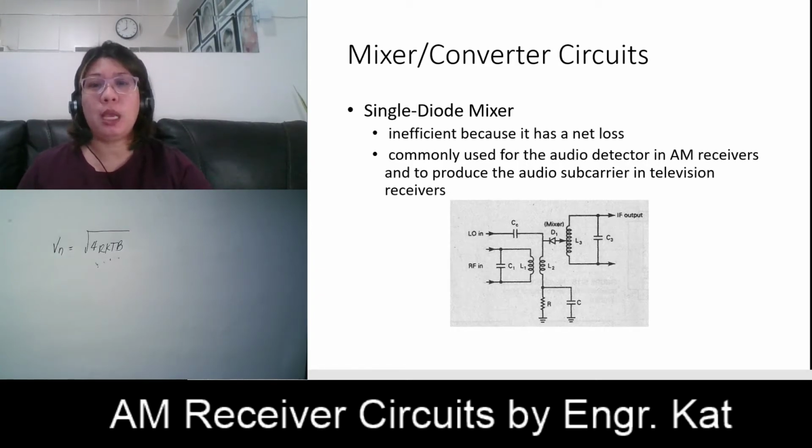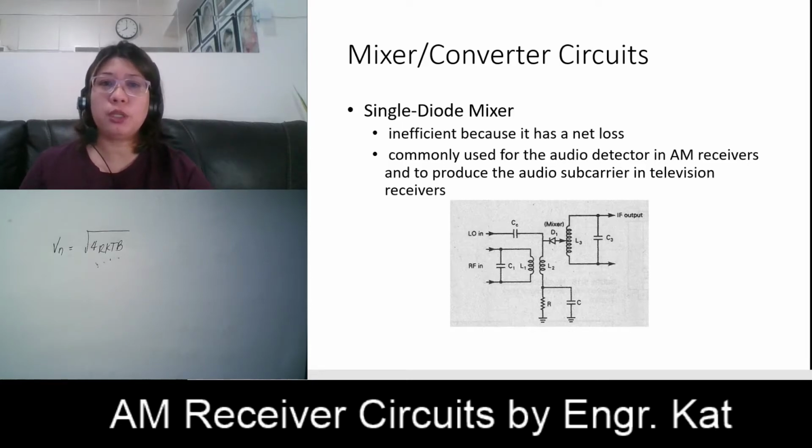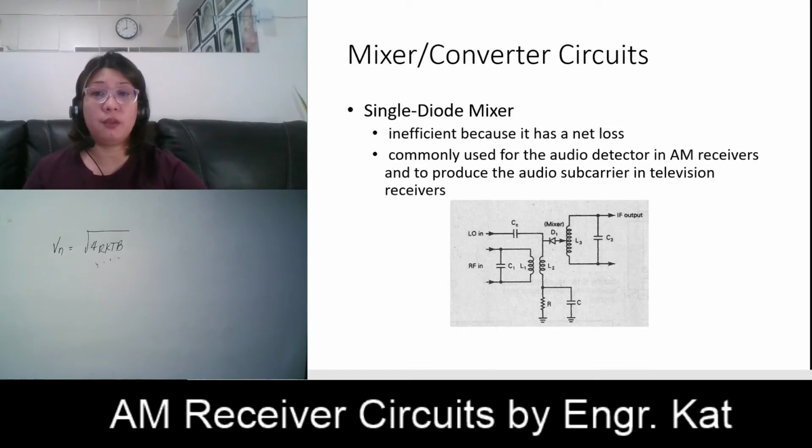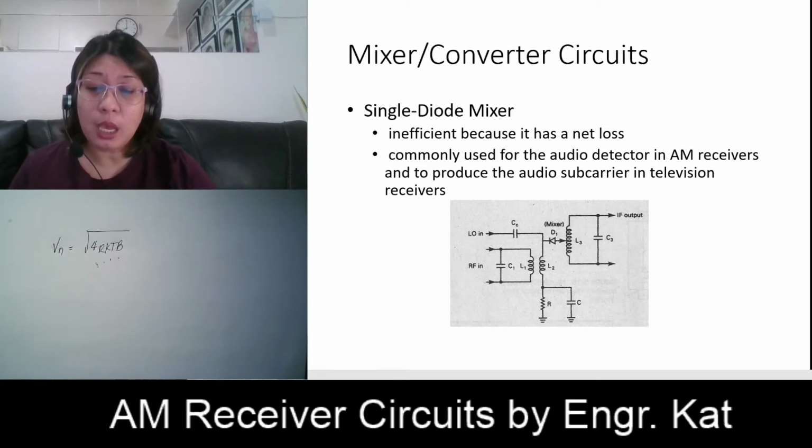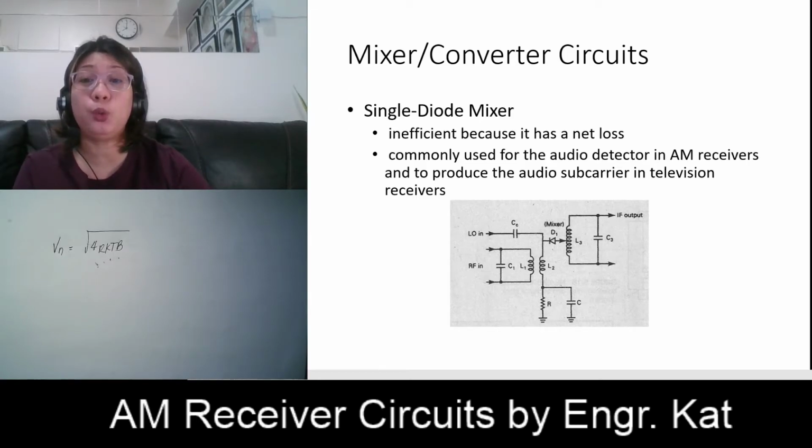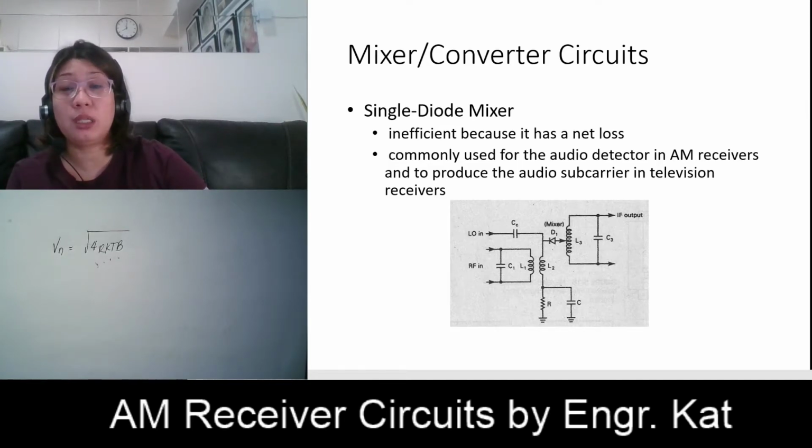So usually, it is commonly used for the audio detector in AM receivers and to produce the audio subcarrier in television receivers. Okay, so for a single diode mixer, again, it has two inputs. So what are those two inputs? Your RF input signal here and our local oscillator here.